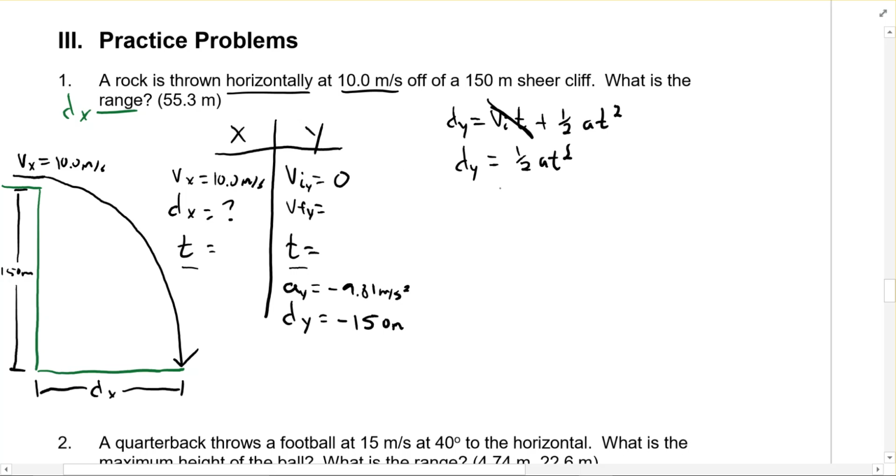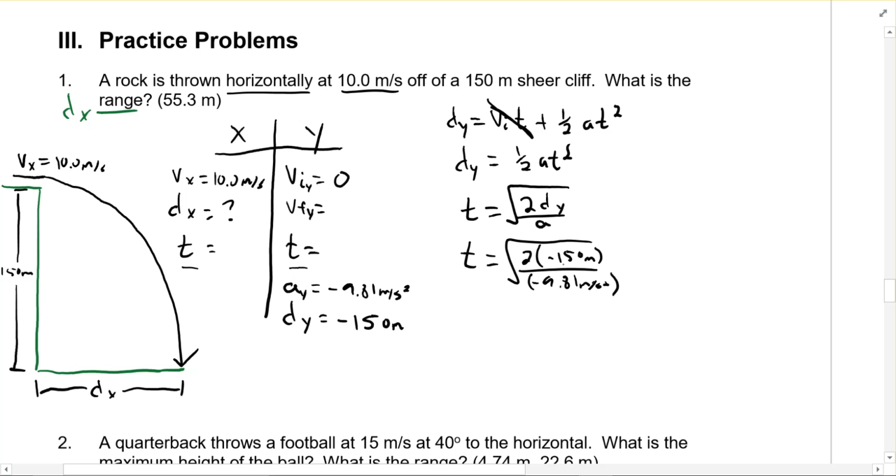If I rearrange this formula and solve for t, I get t is equal to 2 dy over a, and then take the square root of that. So t is going to be equal to the square root of 2 times negative 150 meters divided by negative 9.81 meters per second squared. Now remember, if you don't get a positive underneath the square root symbol, you did something wrong. You can't get a negative under a square root symbol.